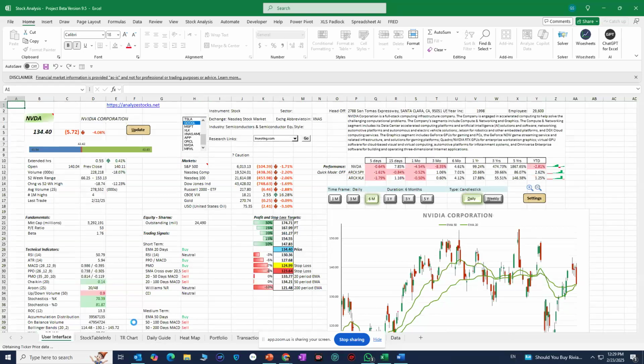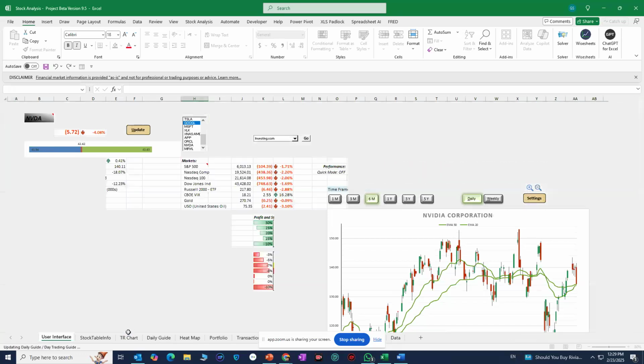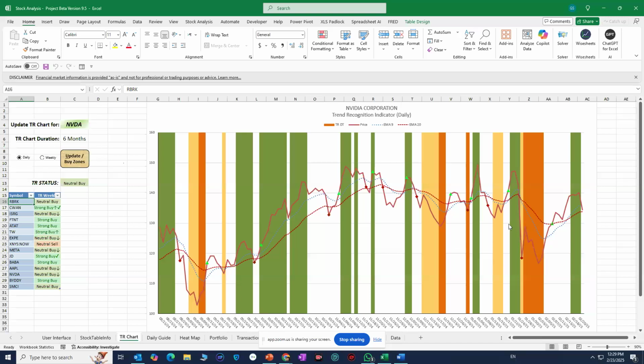This is the NVIDIA chart. It's updating for the TR indicator as well. And this is NVIDIA's daily for the last 6 months only. Let's update its buy zone here for NVIDIA.